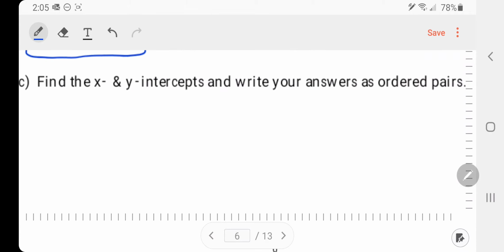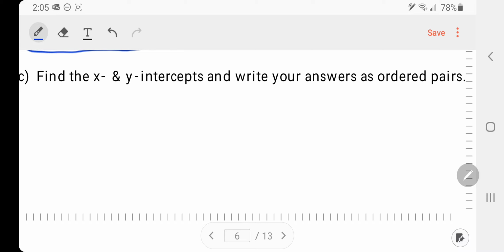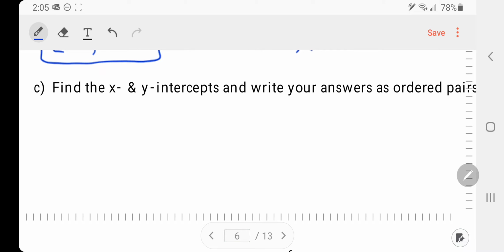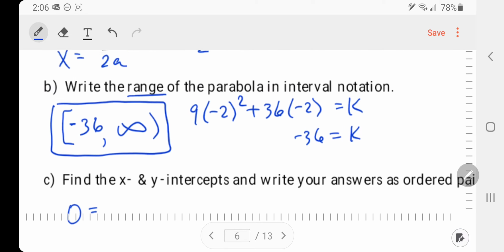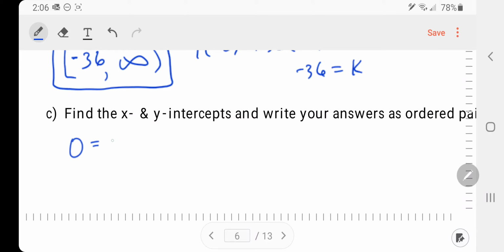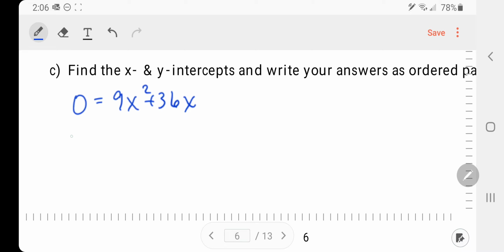X and Y intercepts. The x-intercept is found by letting y be 0. So if we set the equation equal to 0, we're going to find the x-intercepts. 9x squared plus 36x. We can solve this by factoring.